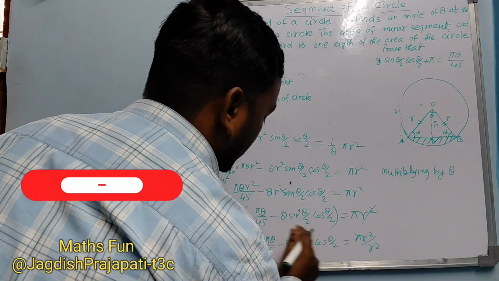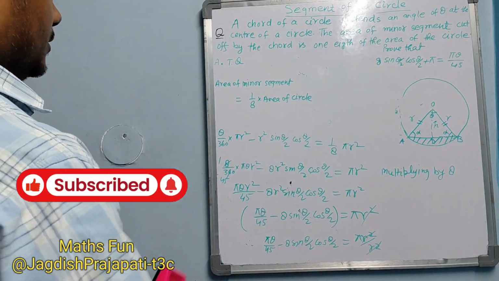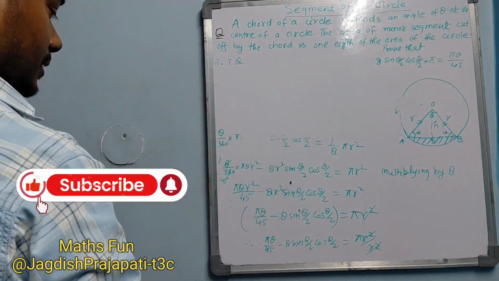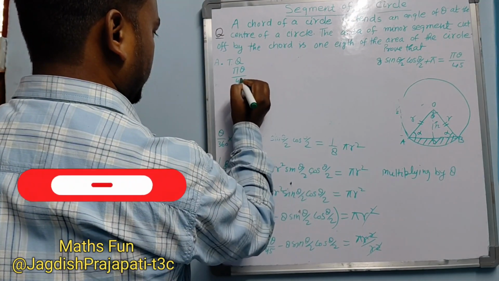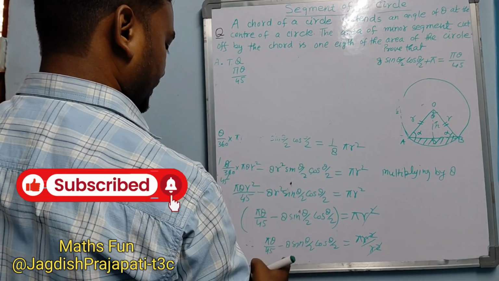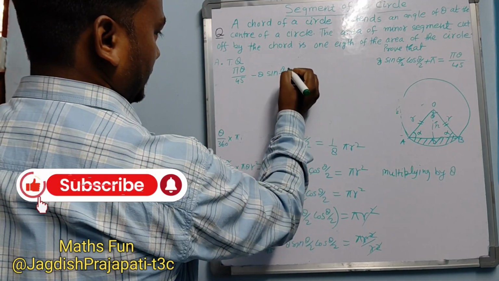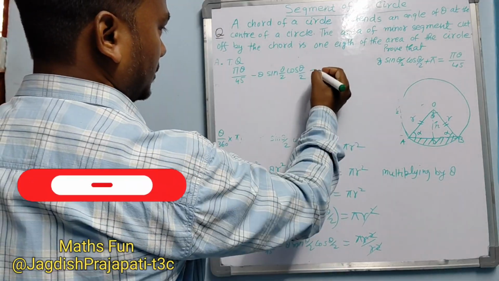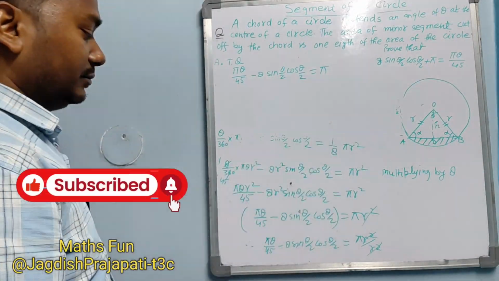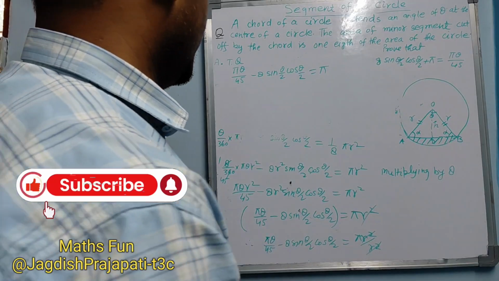So r square will be cancelled out. Therefore pi theta by 45 minus 8 sin theta by 2 cos theta by 2 equal to pi.